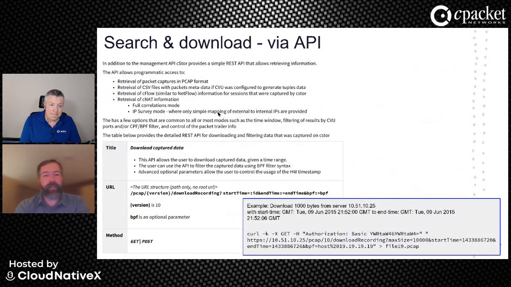So, this is the exact same thing, but via API. All of our products support APIs that the users can use. They can do search, and there's a variety of different formats and summaries that can be acquired from our cStore capture and analytics appliance, including the raw packets.